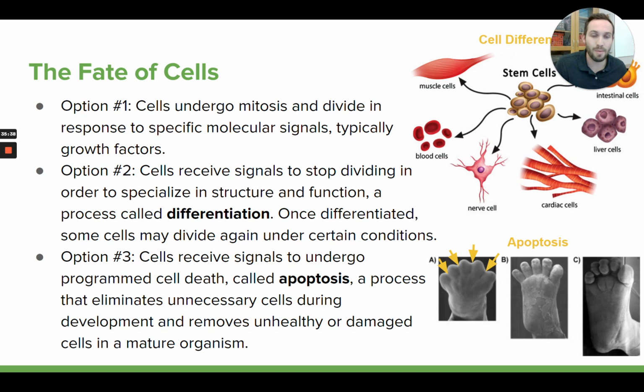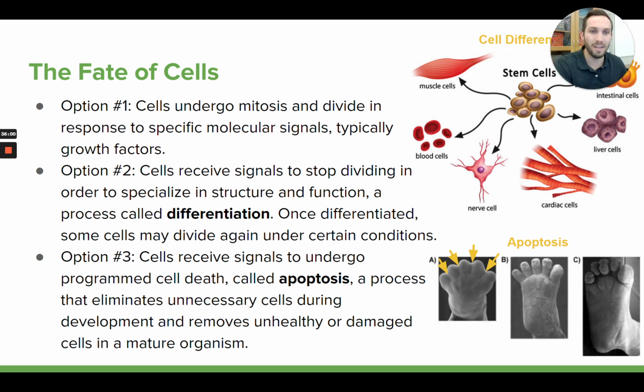The common example of that is during development. When you're developing, especially as an embryo into a baby, there are different stages of development where at some point certain cells need to be there to start building the organism, but then those cells are no longer needed later on.